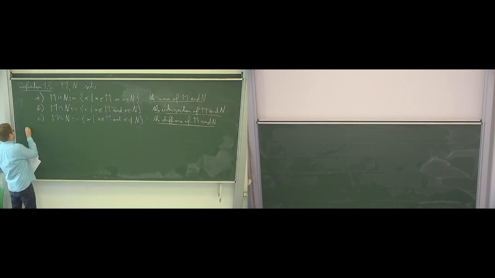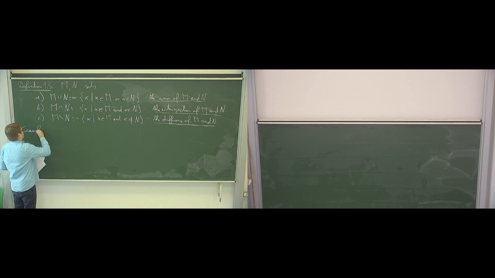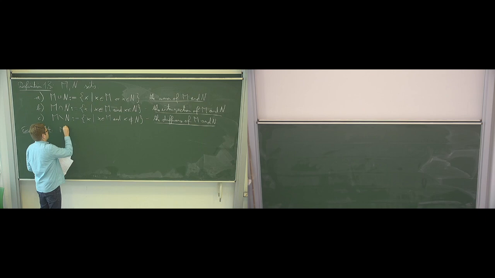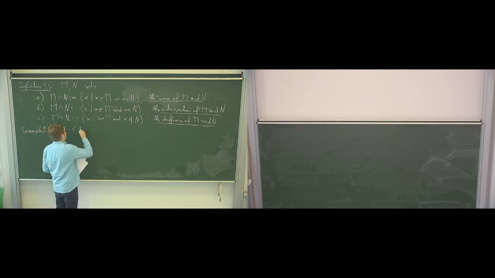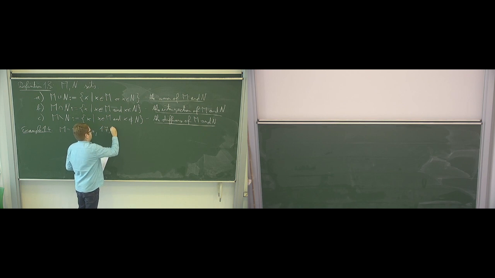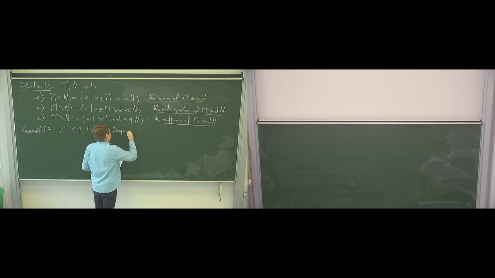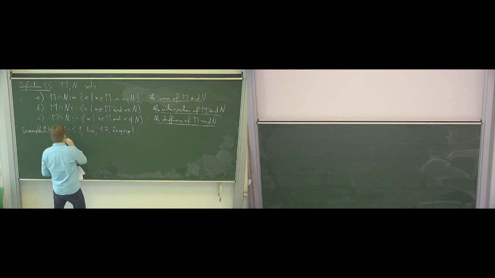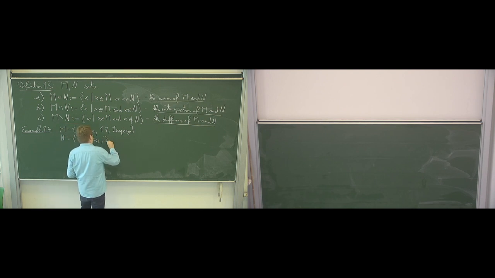And just to do a very simple example of these constructions, we take two sets, and we see that these are just formal elements. We don't talk about context, so I take a wide mixture of objects. We take M to be the set which contains 1, the word tree, 17, and Leipzig. And we take N to be the set which contains 1, 2, the word tree, the number 27, and Dresden.